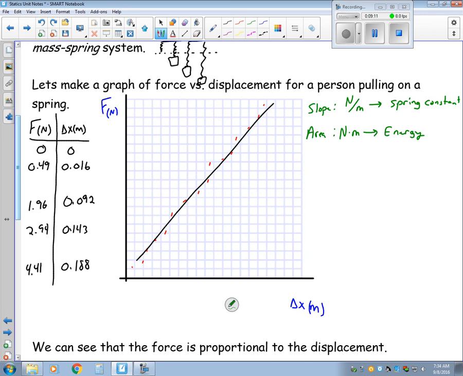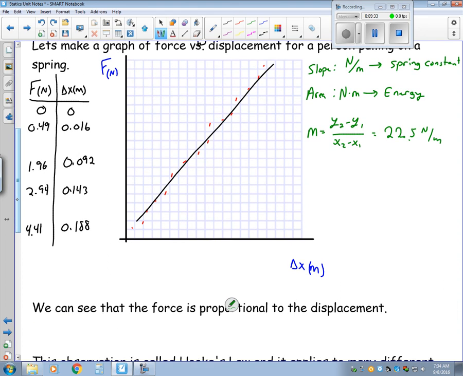Now, I went through and calculated the slope, and I got a slope of 22.5 newtons per meter. So the spring constant for this spring was 22.5 newtons per meter.